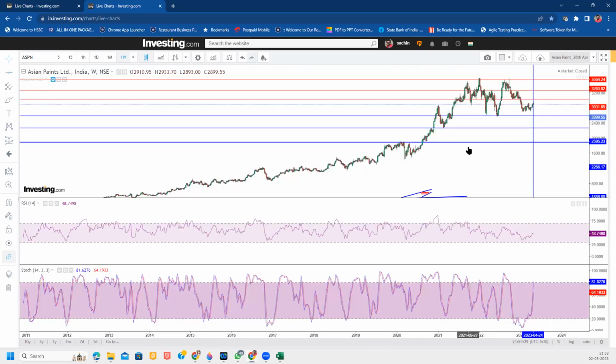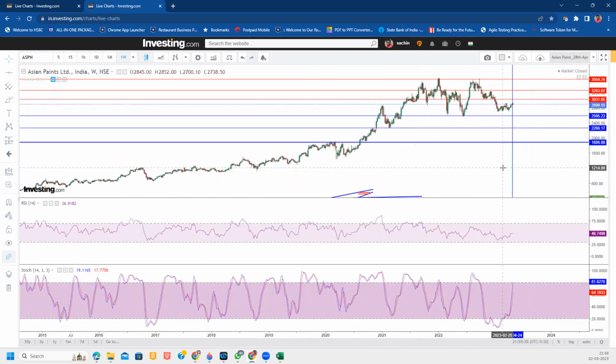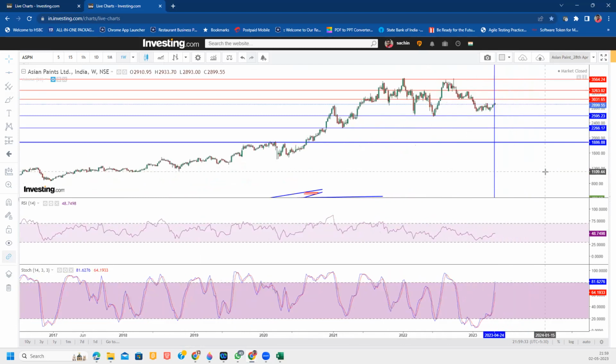Correction means the market will take a rest, and price will come a little bit down before going any further. And while it decides to go further, the concept of resistances will work there.